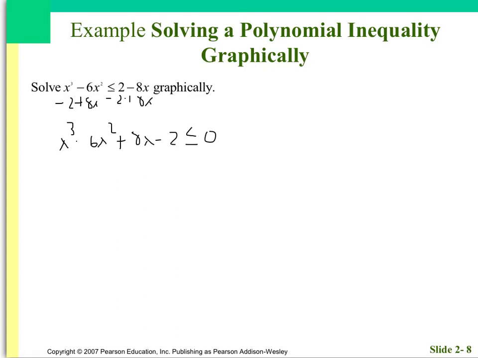So go ahead and graph it on your calculator. Find the zeros. So graph x to the third minus 6x squared plus 8x minus 2.